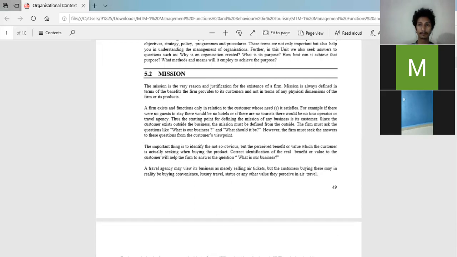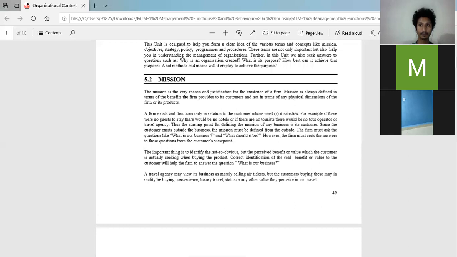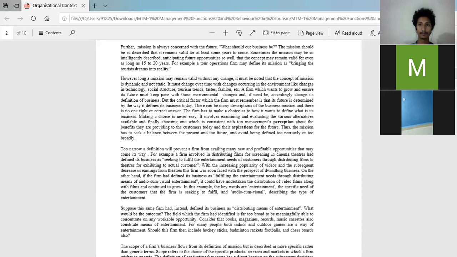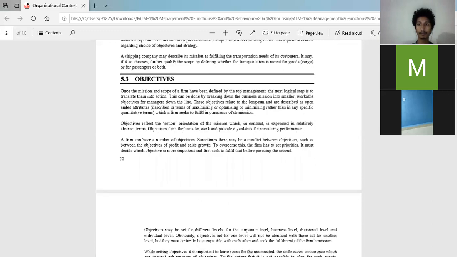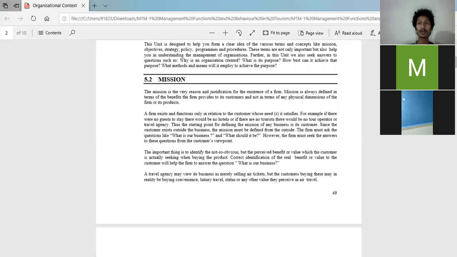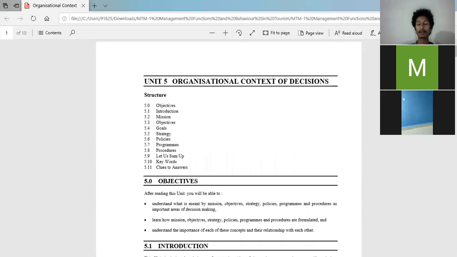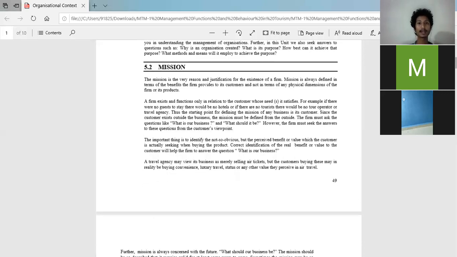It is written here that the mission must be defined from the outside. What does it mean? It means it is not simply an interior matter of the company.